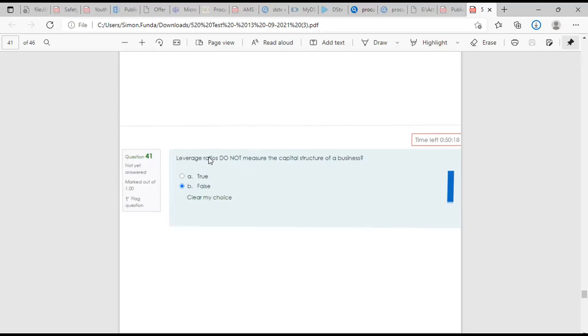Leverage, it's the same as gearing. Leverage or gearing, they are the same. These are the ratios which have something to do with capital structure. So the answer cannot be true but false.